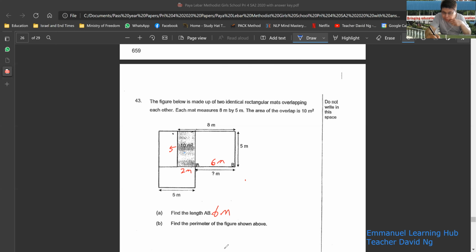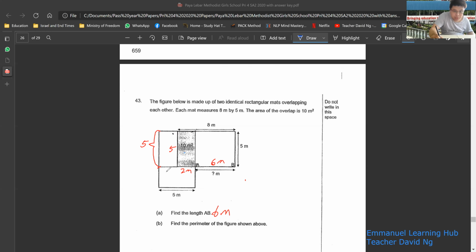They ask for perimeter. What's the dimension from here to here? 5.